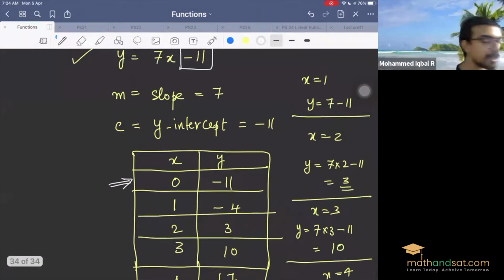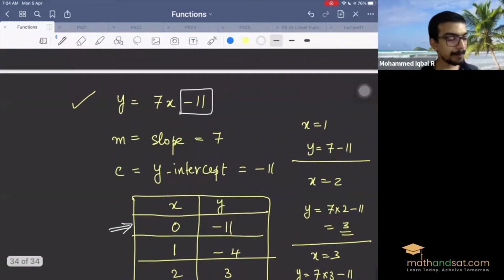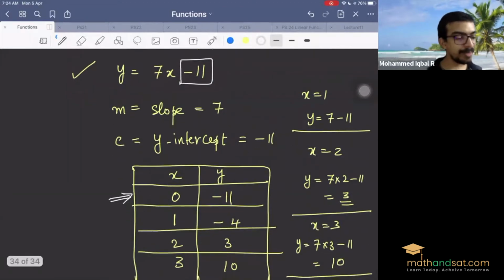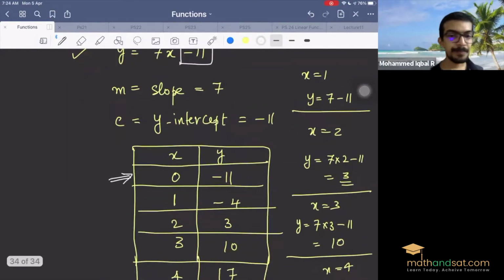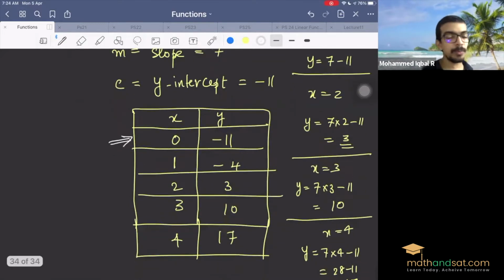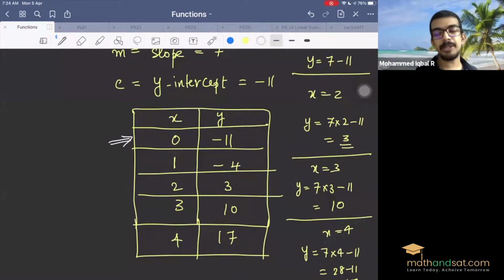Now, what is the significance of the number 7? Do you see the significance of the number 7 anywhere in this table? Please have a look at the table and let me know.